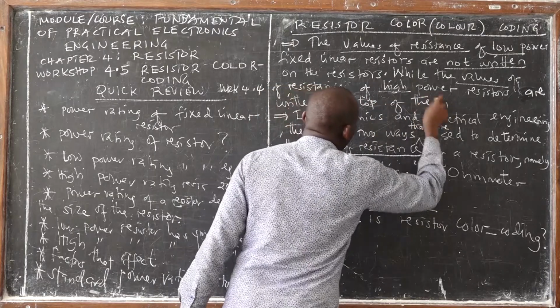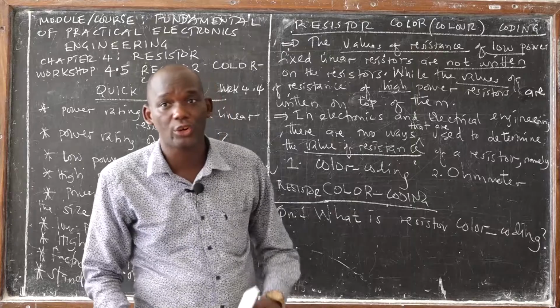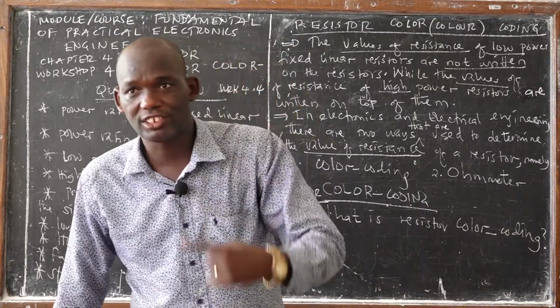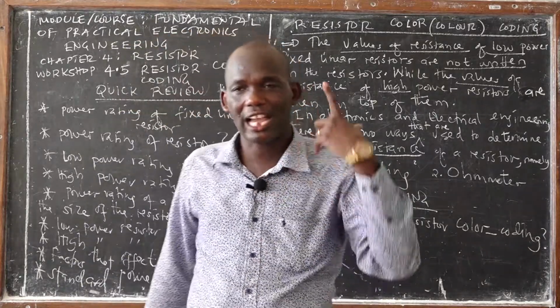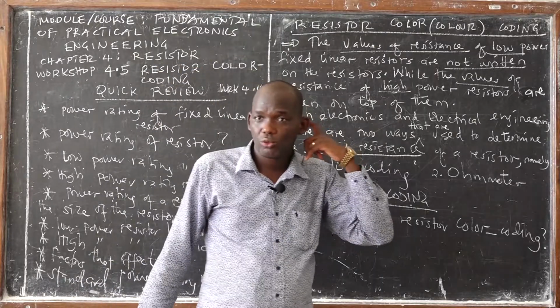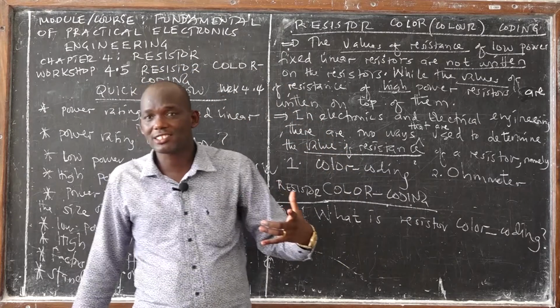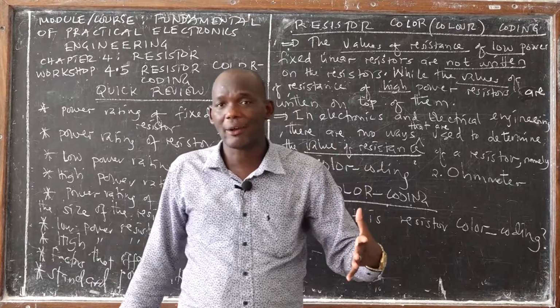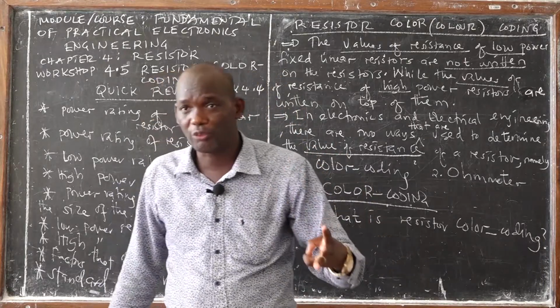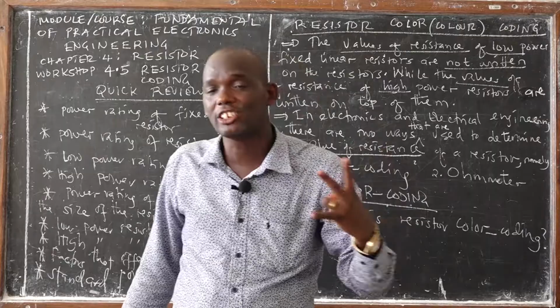So the concept of resistor color coding deals with low power resistors only. It does not deal with high power resistors. Why? Because in a high power resistor, the resistance has been shown on top of it, and its power rating has been shown.